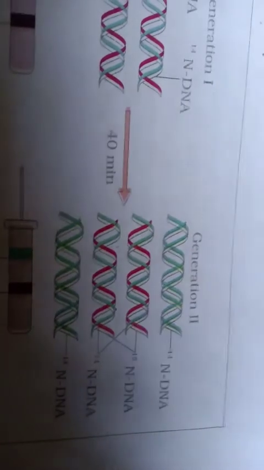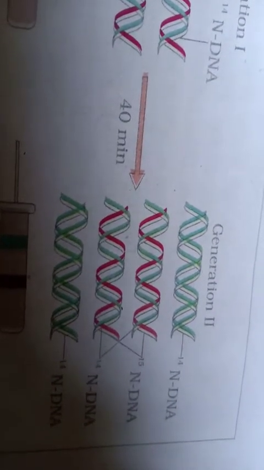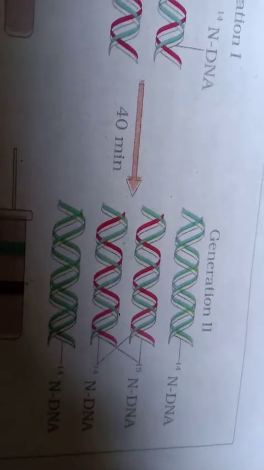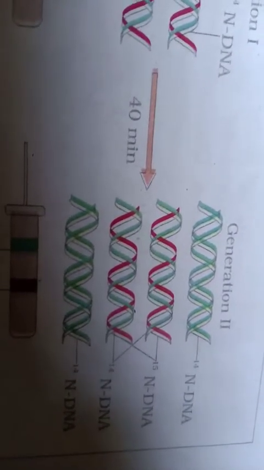Finally, it was seen that N15 got reduced to 1/4. Only two strands you can see are red in color with the heavier nitrogen, and the remaining six are with the normal N14 nitrogen.